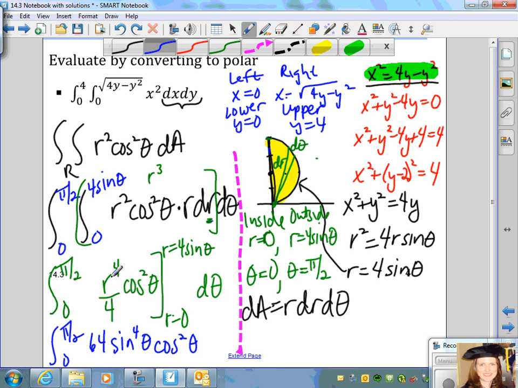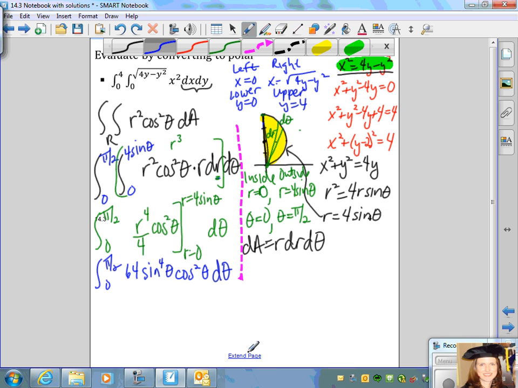And then when you plug in 0 for r, you get 0. So we get this single definite integral in terms of theta. Now you can use some substitution methods here, actually power reducing formulas maybe, and integrate this, and you will get 2 pi. You can also use the integration feature of a graphing calculator to evaluate.